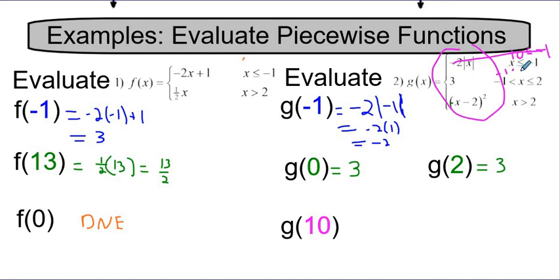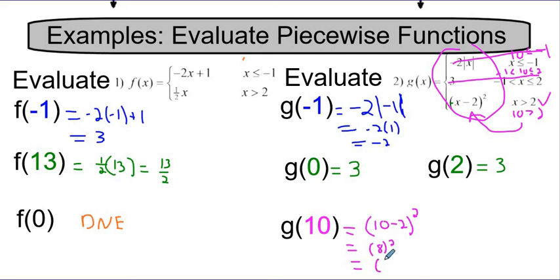Is 10 a number that is between -1 and 2? Nope, that doesn't make sense. Is 10 a number that is bigger than 2? Yep, sure is. So now I put 10 into here. So what I've been doing here is figuring out which portion of the function to select. And then once I know, I can then evaluate what to do with the numbers. So g of 10 comes out to 64.